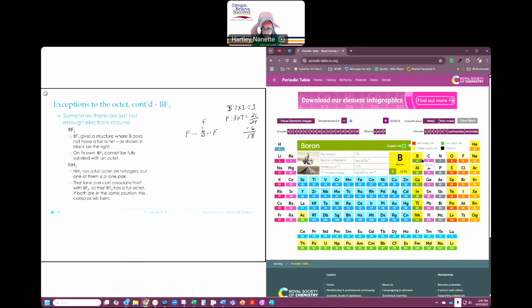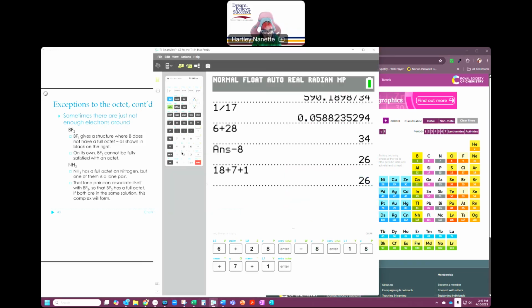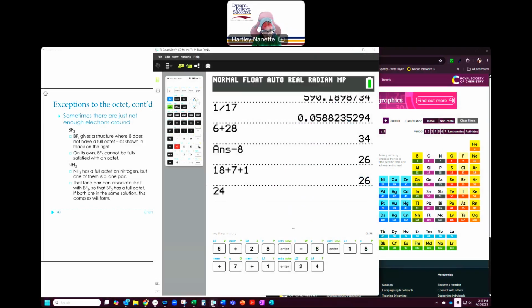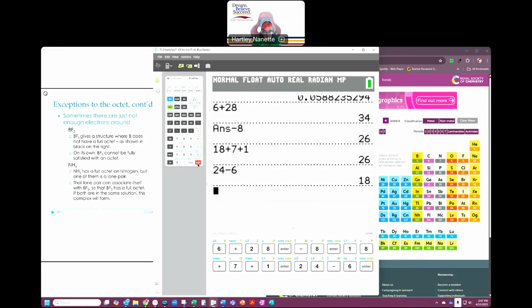If I'm not mistaken, and I don't trust my math, so, I actually did it. So now I'm going to fulfill my octets. 2, 4, 6, 8, 10, 12, 14, 16, 18.